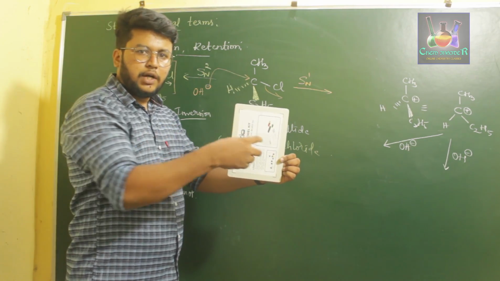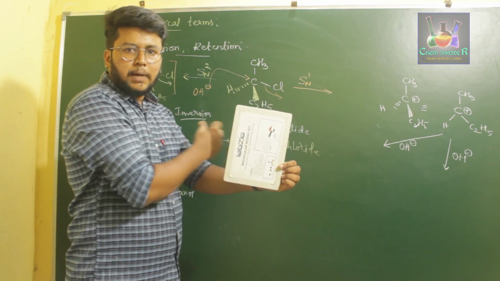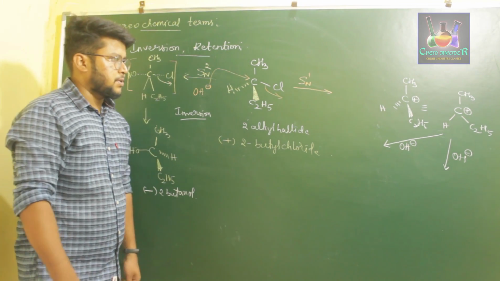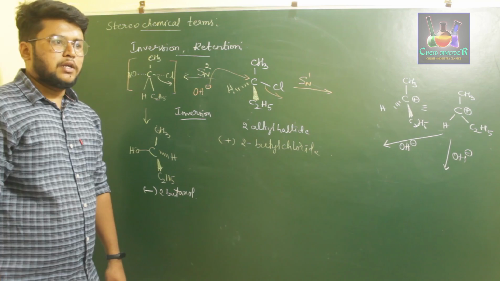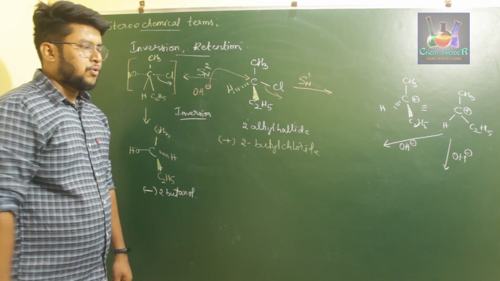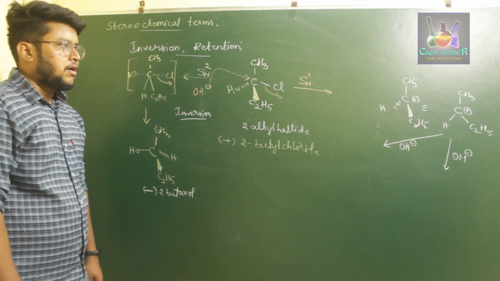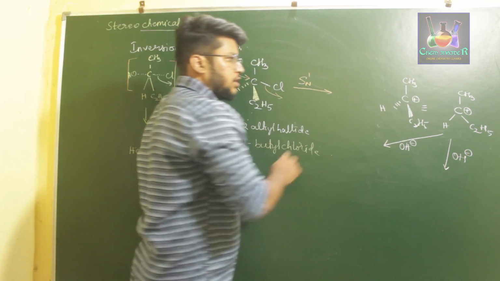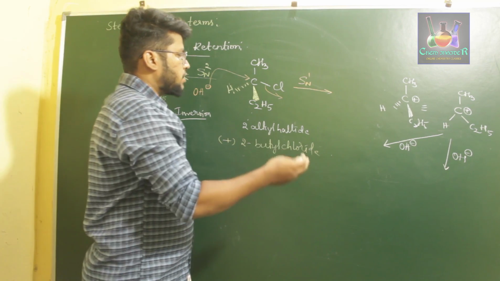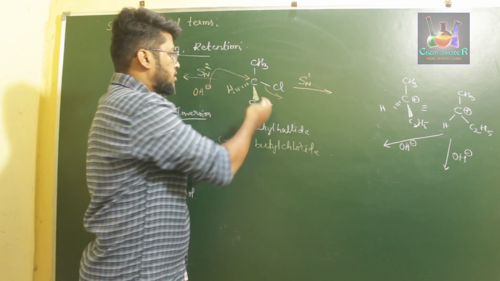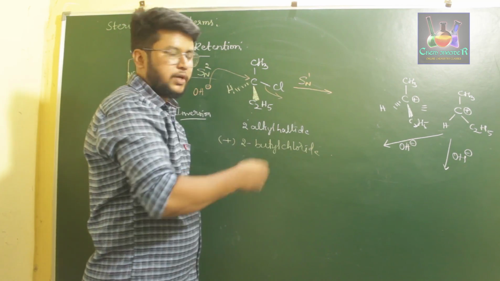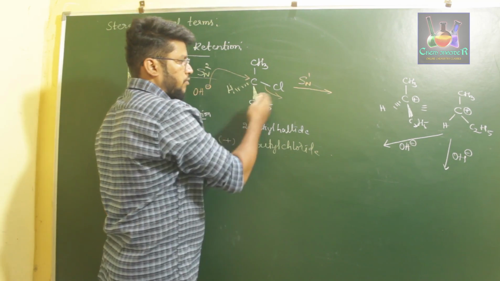So during an SN1 mechanism, we observe three products. One will be retention in configuration, that is, the OH minus ion will attack the side from which the chlorine atom has left. Let us say the chlorine has left from the front face.